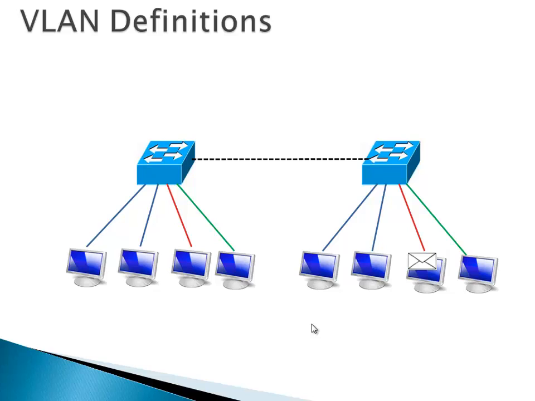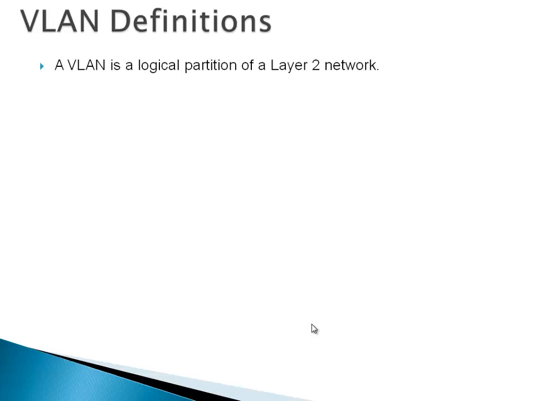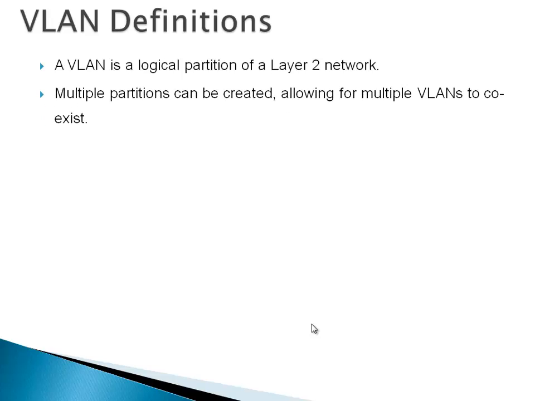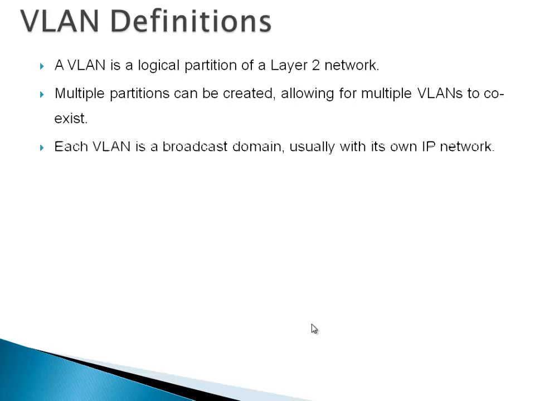So a VLAN is a logical separation of a local area network. A VLAN is a logical partition of a layer 2 network. Multiple partitions can be created. Like we had the blue VLAN, red VLAN, green VLAN, we can create as many partitions as we want, allowing for multiple VLANs to coexist.